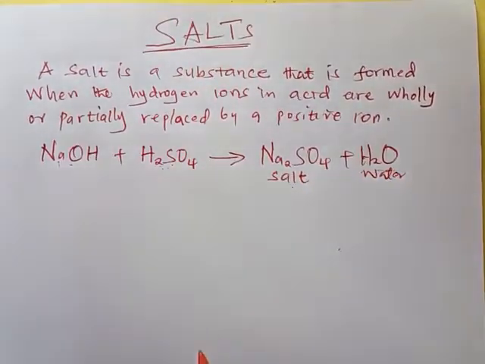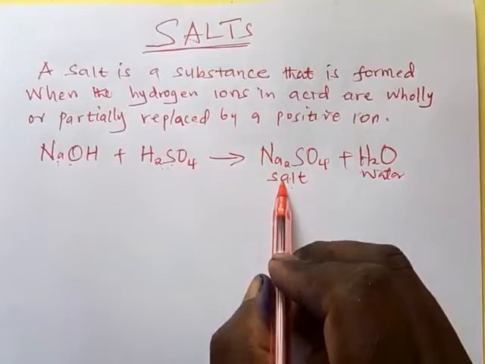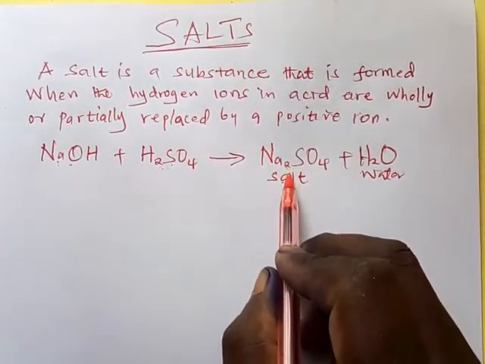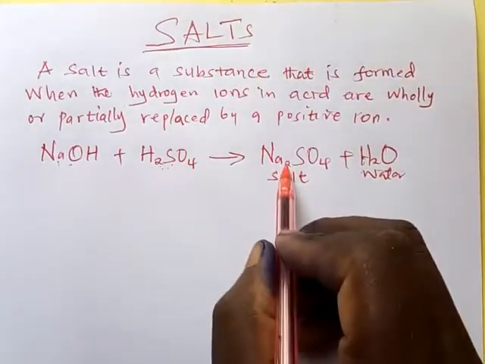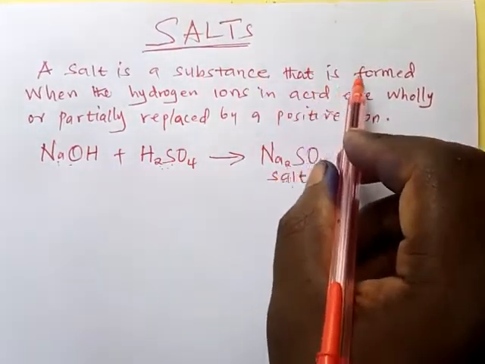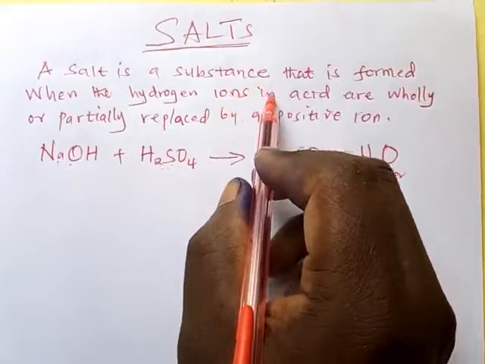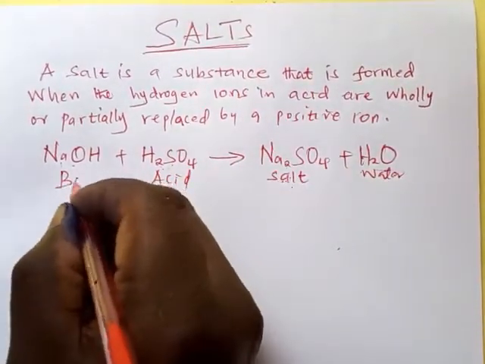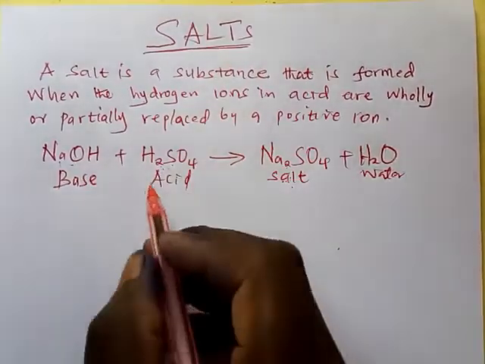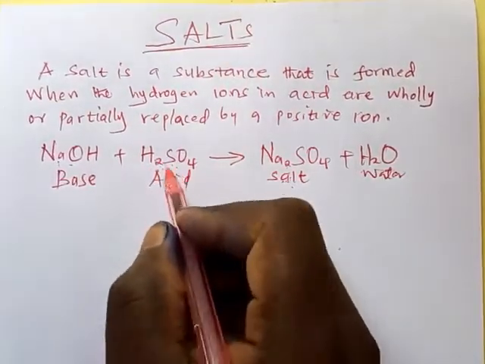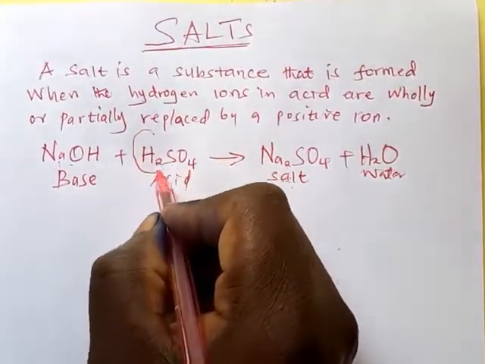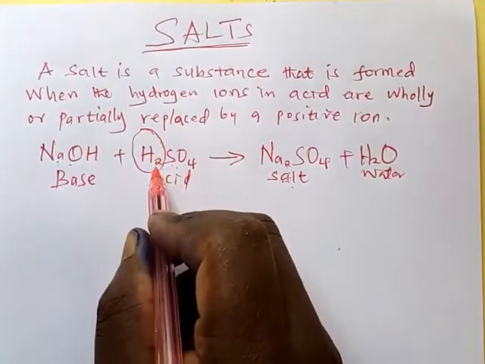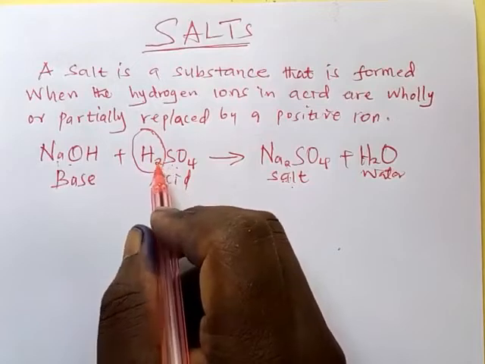Now what is a salt? A salt is a substance that is formed when the hydrogen ions in the acid, this is the acid and this is the base, are replaced. Look at this acid. The hydrogen ions in the acid have been displaced.